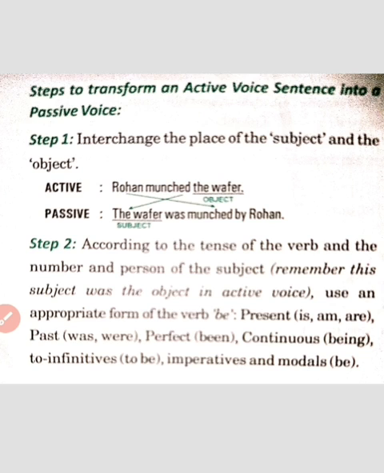So according to the tense of the verb, the number and the person of the subject, use the appropriate form of the verb be. Present tense is is, am, are; past tense was, were; perfect tense has, have; continuous tense is, am, are, was, were. So according to the tense and according to the subject, we will use the verb.